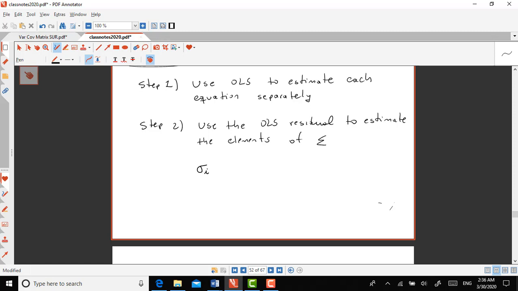The way to think about that is as an estimate of the correlation of the errors across equations. So S_ij is going to be the product of the OLS residuals from the first equation and the residuals from the j-th equation, divided by T.